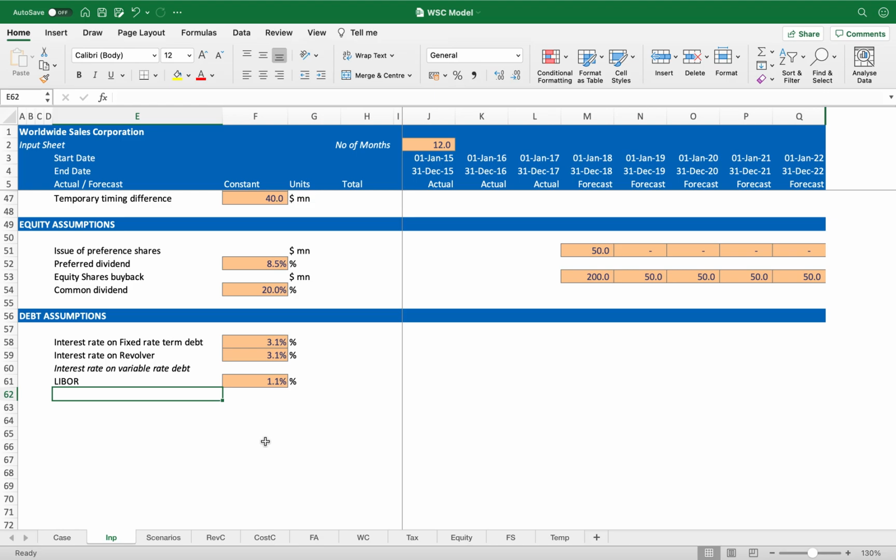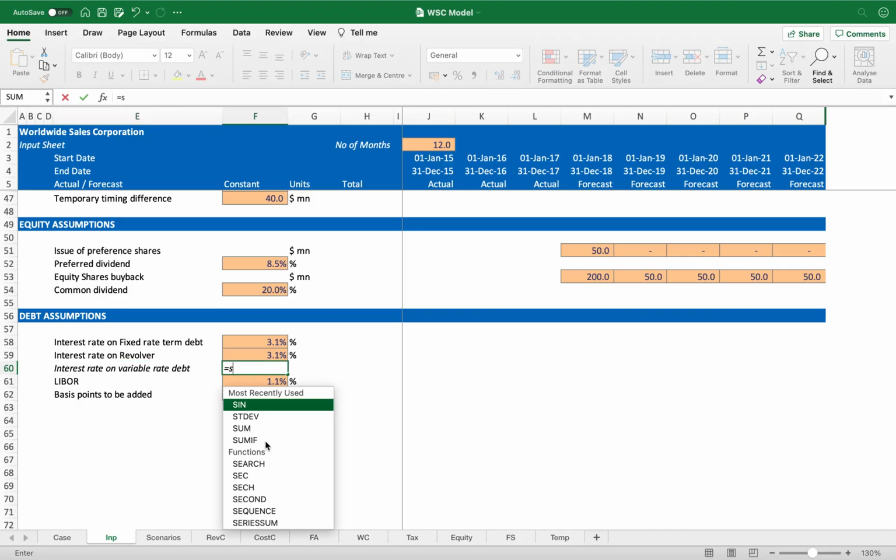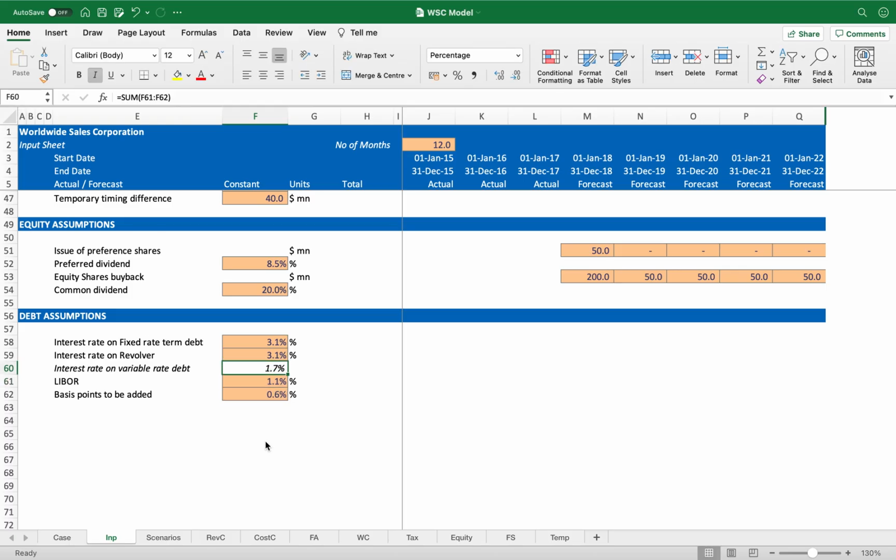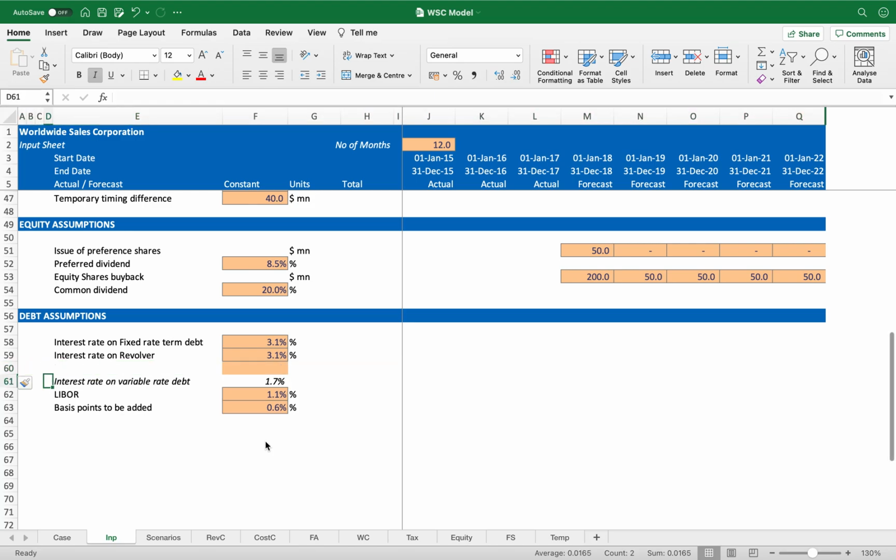Then additional basis points, or you can write basis points to be added, 55, or you can make it as 0.55%. So what is your interest rate on variable term debt? This is the sum of LIBOR and the additional basis points that you add. That becomes your 1.7%.